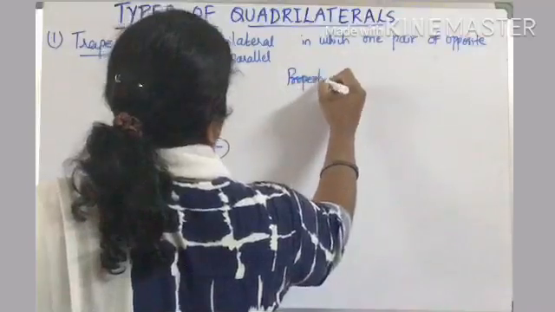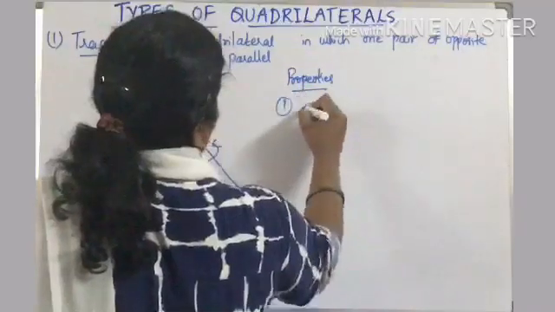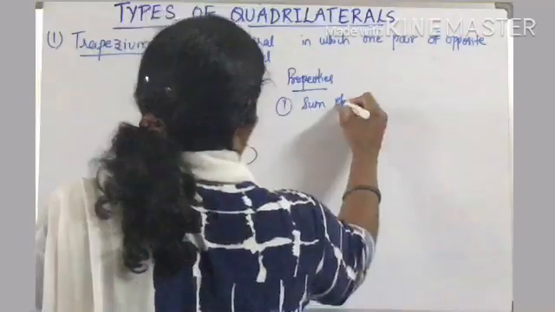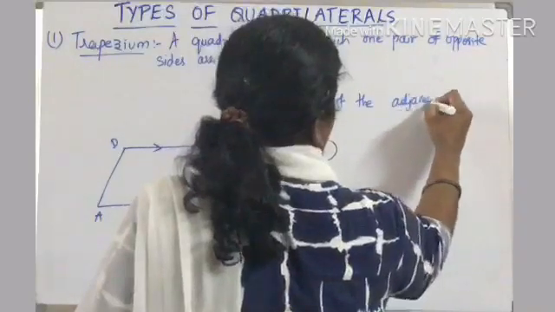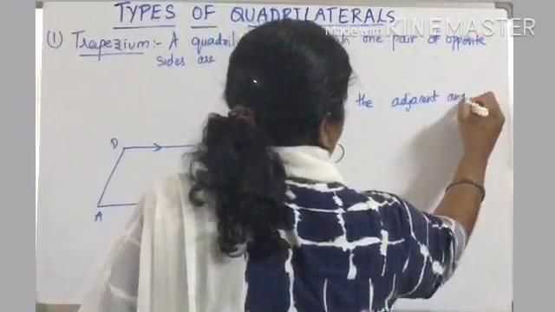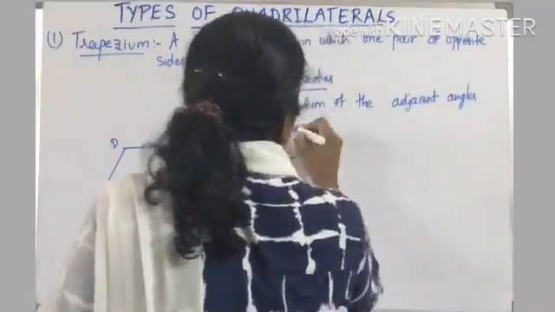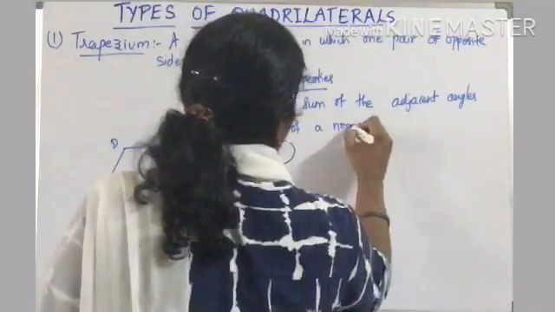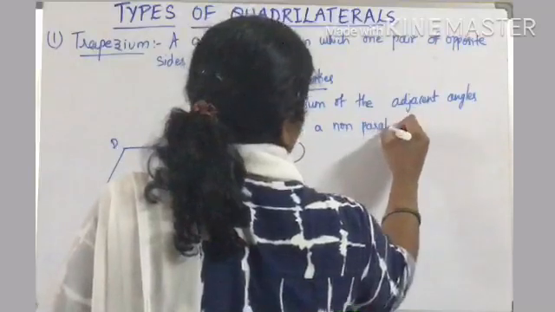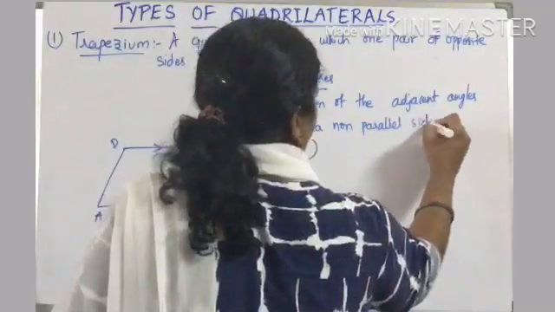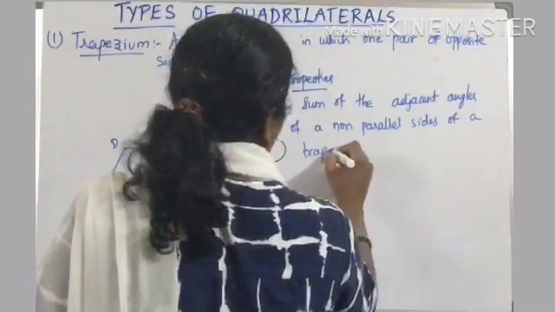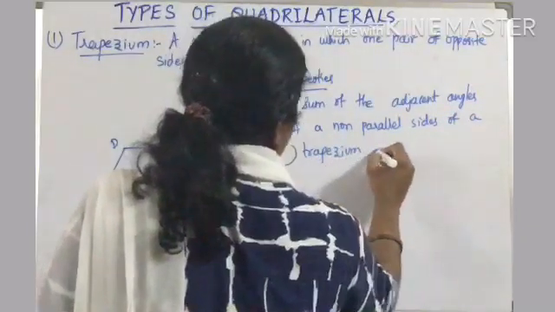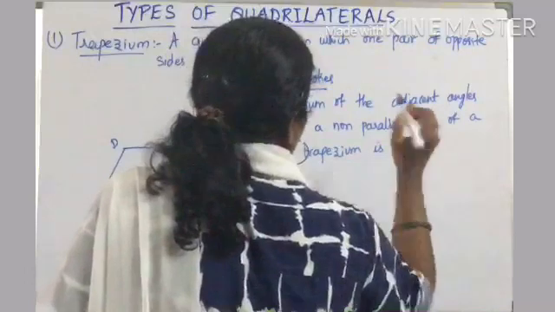The property is: the sum of the adjacent angles of the non-parallel sides of a trapezium is supplementary, or 180.